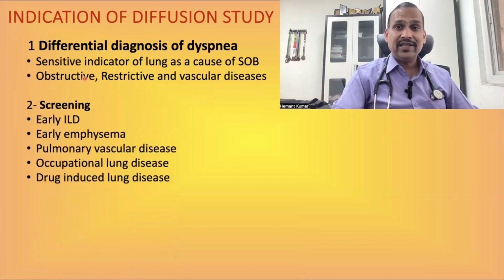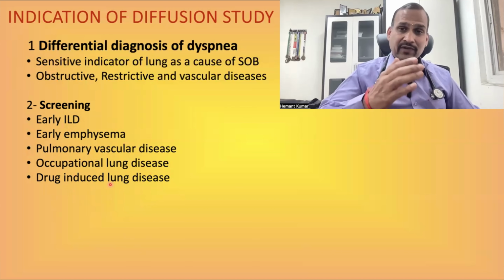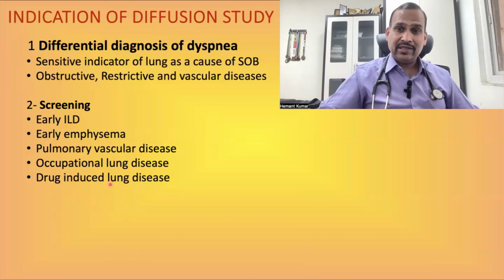Screening for early ILD: when chest X-ray is normal and spirometry is normal, mild early ILD will show reduction in diffusion capacity.